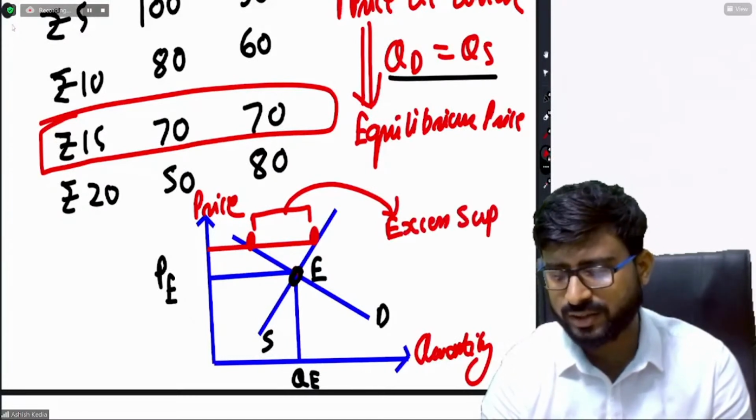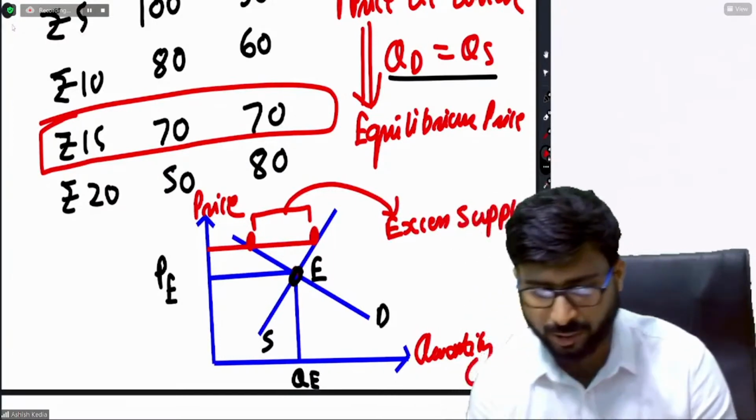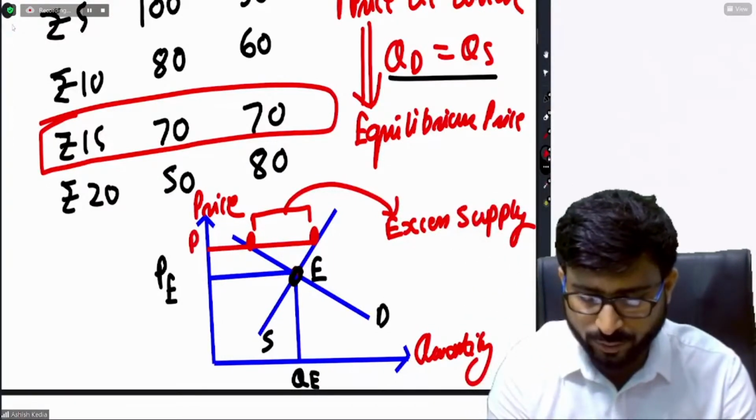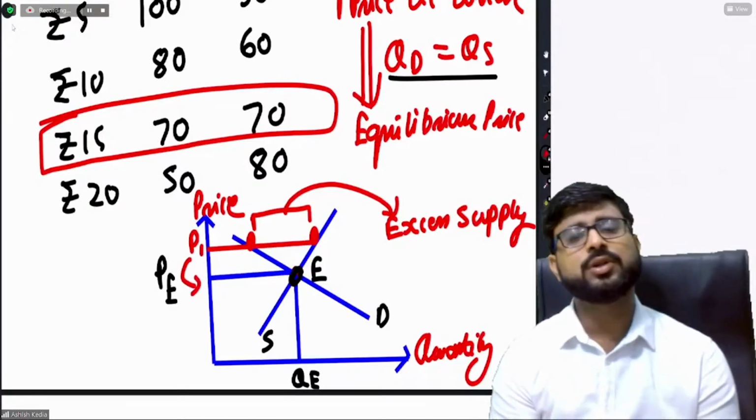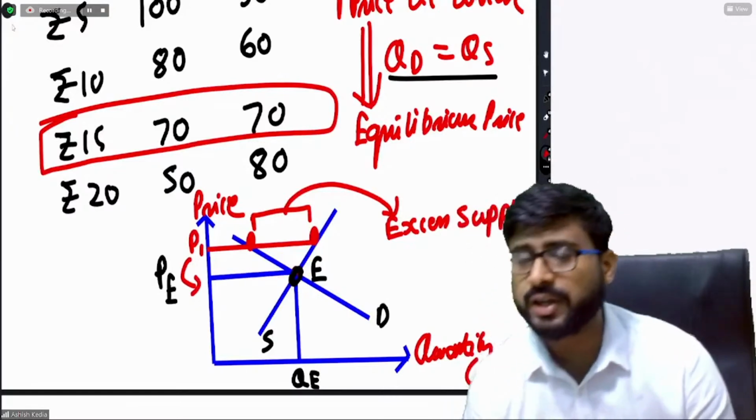Now what happens when excess supply exists? Producers will have to reduce the price to sell off this excess supply. So again, the price will come back to PE. So it is in the nature of equilibrium to restore itself. Everybody tell me, what did I say?